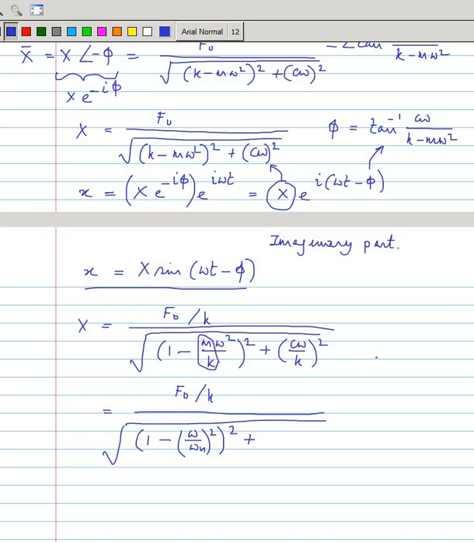And what is c omega by k? c is actually twice m omega n, so c omega by k is equal to twice m omega n by k.